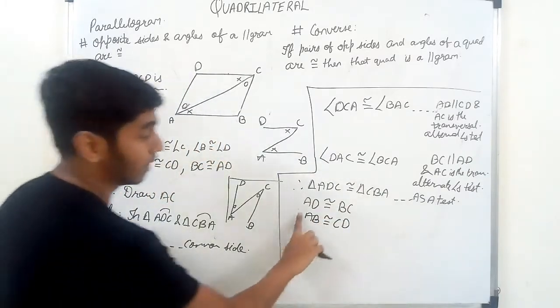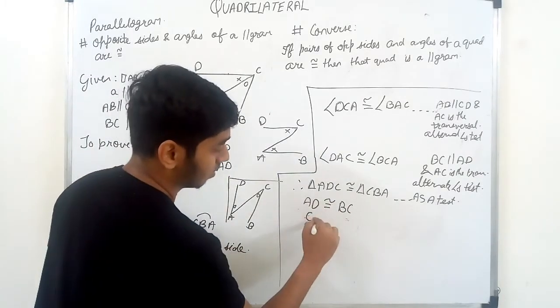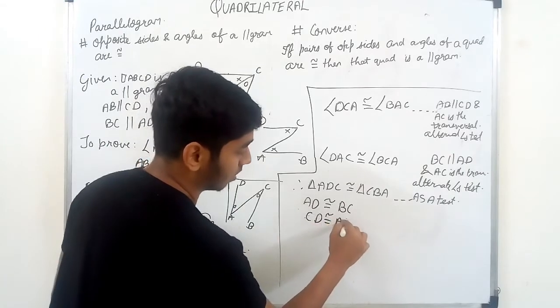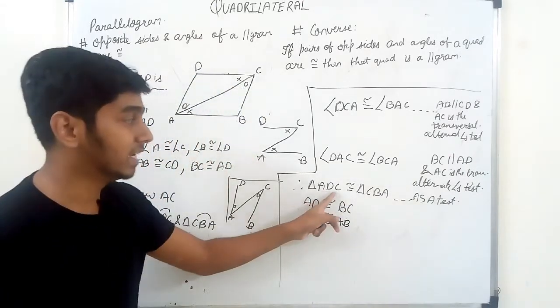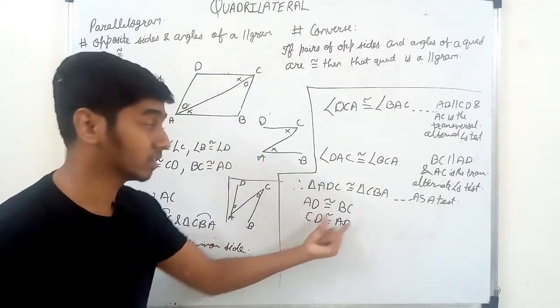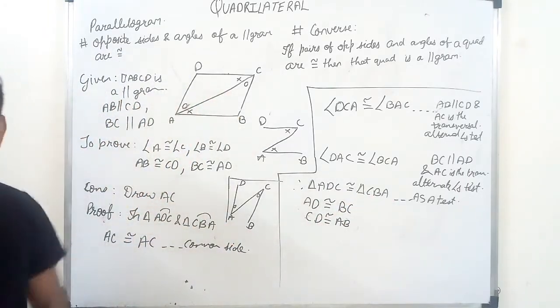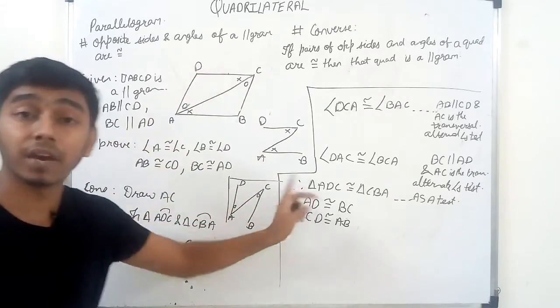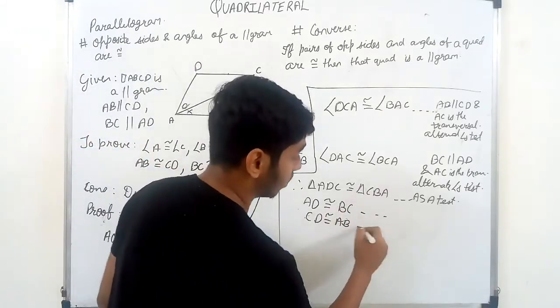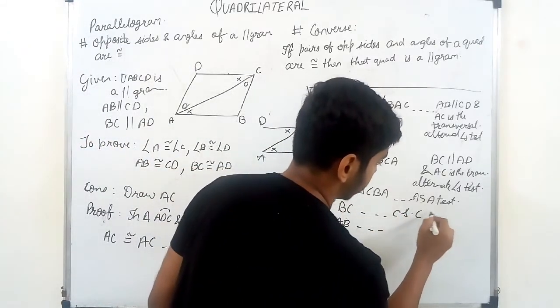It's better if you write CD congruent to AB. Why? Because CD is in this triangle, so CD first, then AB here. So this is what we get. Opposite sides are congruent, and the reason for this will be CPCT.